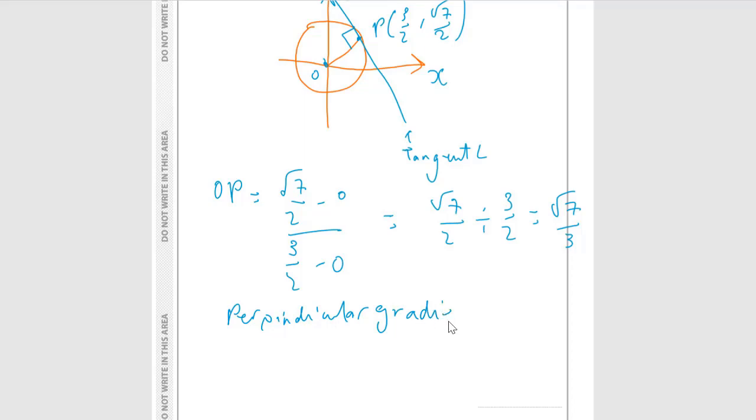Remember, because it's a perpendicular gradient, if you recall the rule that a times b must equal minus 1, that means that the gradient of the tangent L is going to be minus 3 over square root of 7. So this also equals minus 3 square root of 7 over 7. You can write it either way.